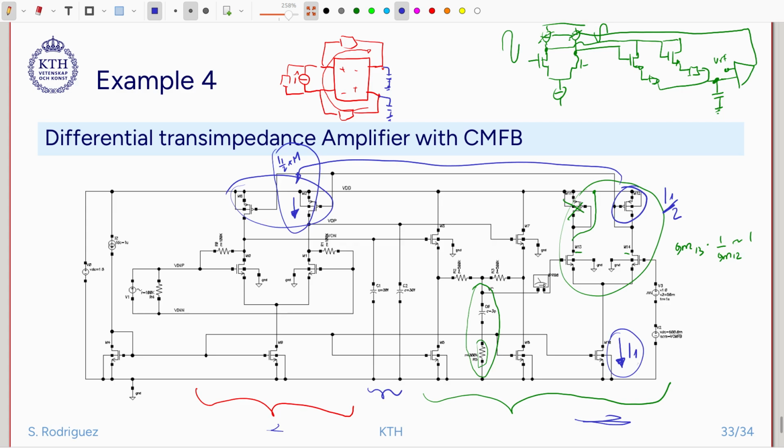So you can dimension the ratio of this transistor. The length has to be the same, and you dimension the current mirror.